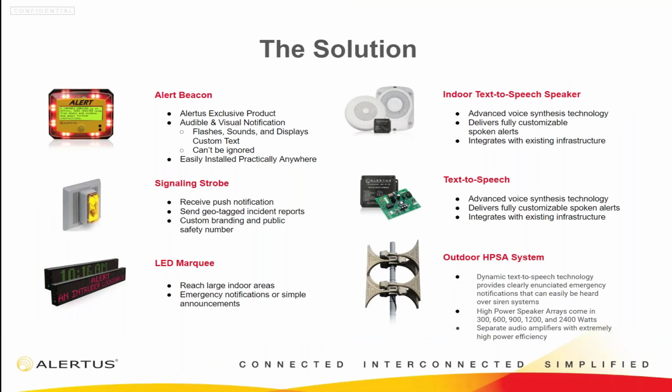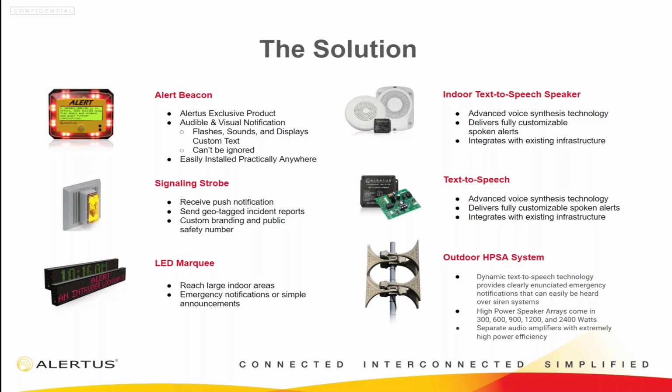So how does that look? What does that solution look like? We have multiple audible and visual devices to combat all of these challenges that we've discussed and that we often come up against. And Alert Asst can fill those gaps that we may have in any areas where you may feel vulnerable, hard to reach areas where we can't communicate with our personnel.